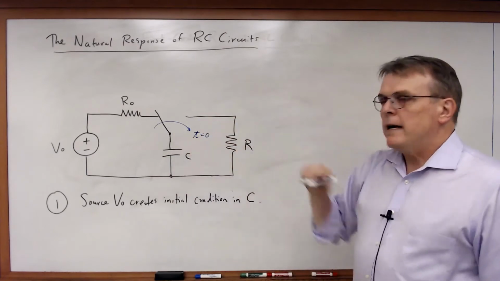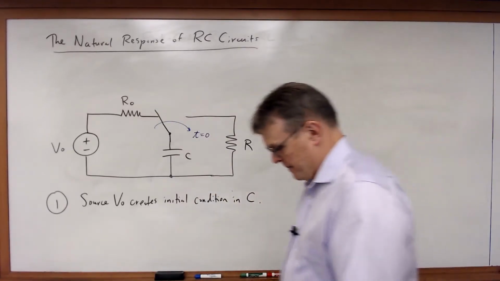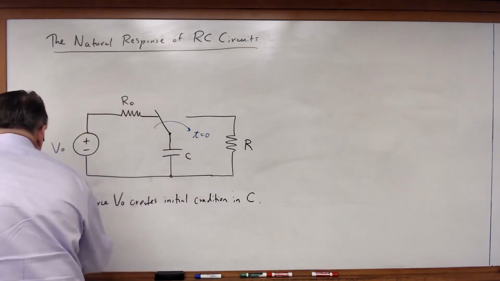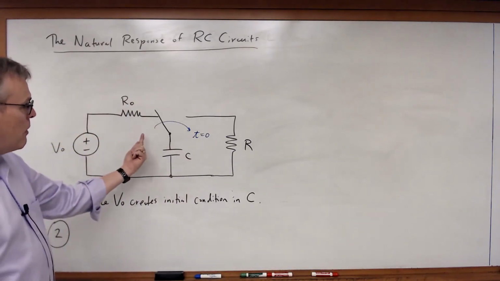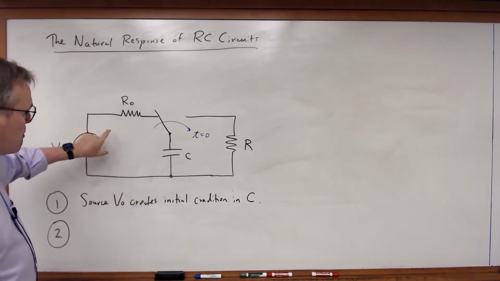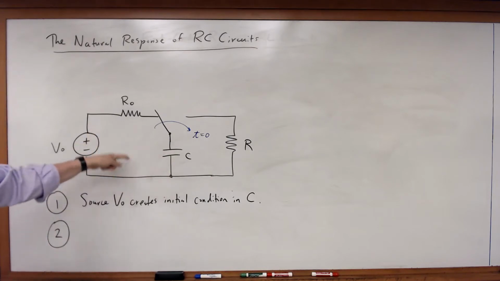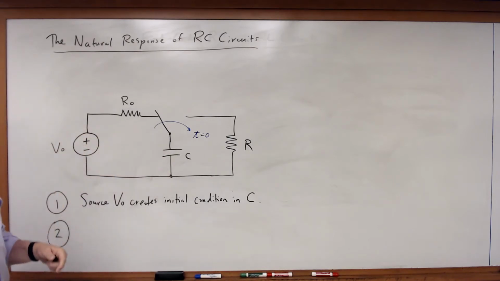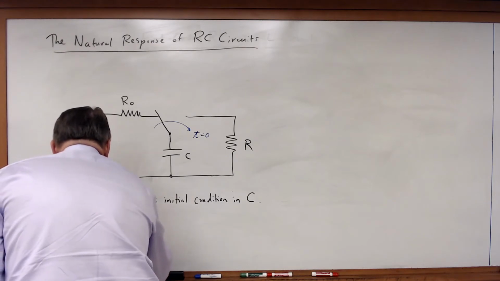So the source creates the initial condition. Energy is stored in that capacitor. And then at time t equals 0, I'm going to remove the effect of that source. I'm going to disconnect that capacitor so that it no longer can be affected by it. So the source is effectively removed.